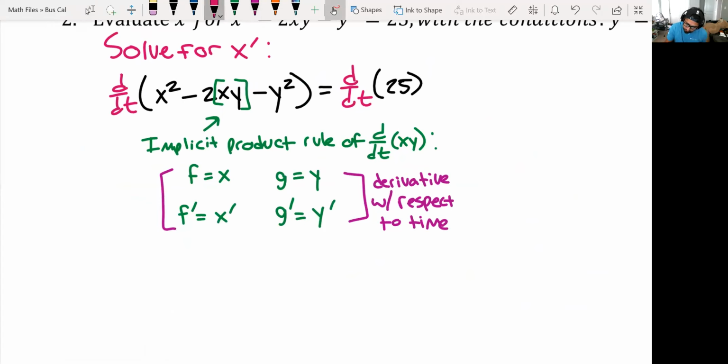So let's start back up, and we're going to look at the implicit derivative of x squared with respect to time. That's going to become 2x x prime, minus this 2 out front. Now we're ready for the middle term where we just did the product rule.